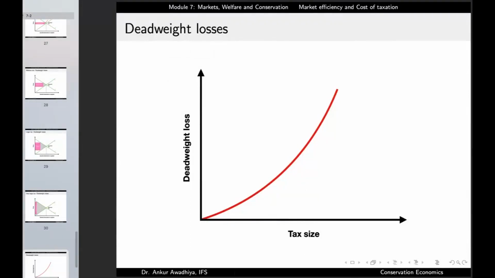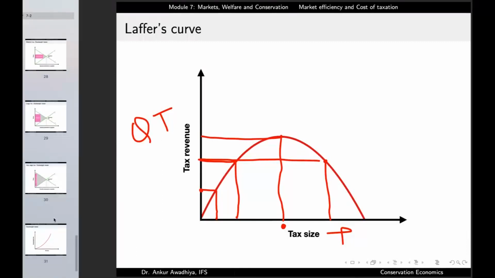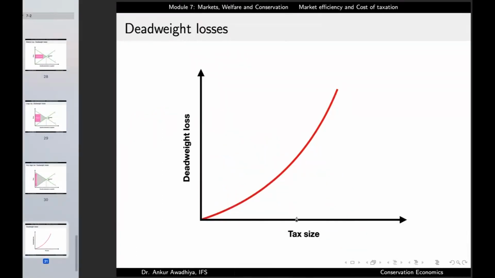And in this curve, even though we were saying that this is the tax size that was the optimum for maximizing the revenue, what we observe here is that for this tax size, the deadweight losses are already too substantial. Which means that if the government is maximizing its tax revenue, then probably it is not a very efficient planning for the society because the deadweight losses are too high.